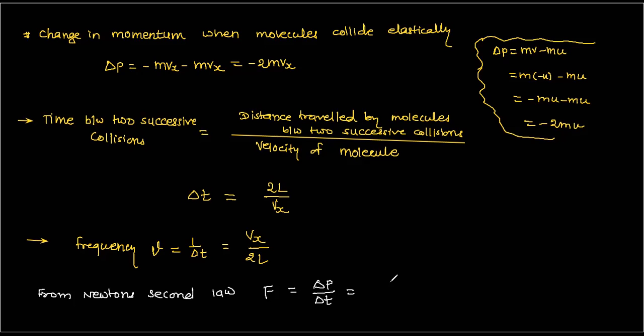Delta P is 2m Vx, no need of the minus sign, divided by 2L by Vx. So this Vx goes up, and the 2 and 2 get cancelled. So what is your answer? m Vx square divided by L. This is your force.